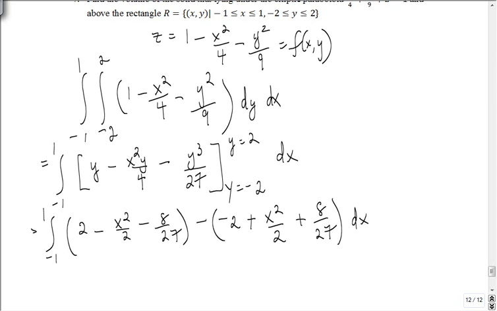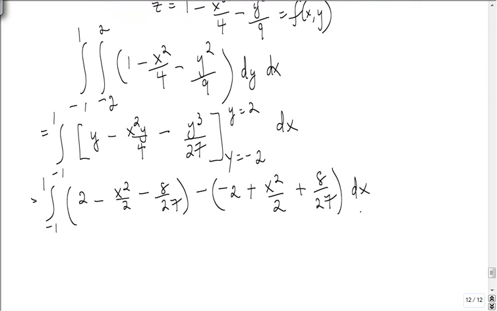Okay, what is this? This is equal to 2 plus 2, that's a 4, minus x squared over 2, that is just minus x squared by itself, minus 8 over 27 minus 8 over 27 is minus 16 over 27, dx.